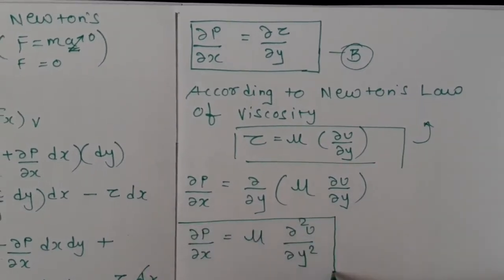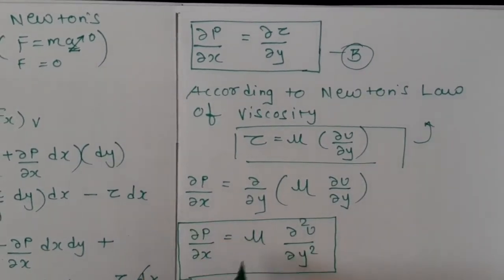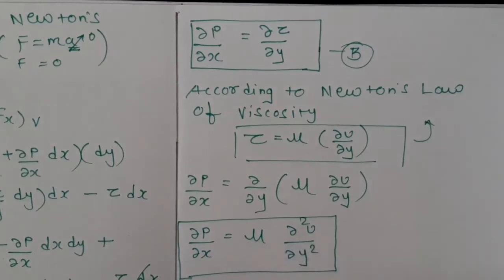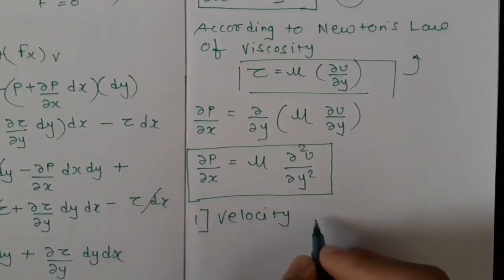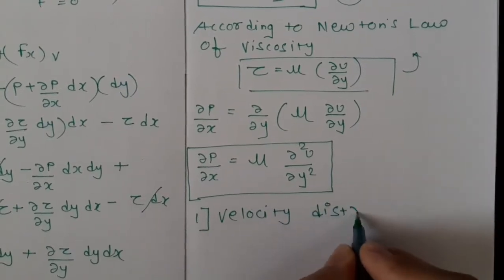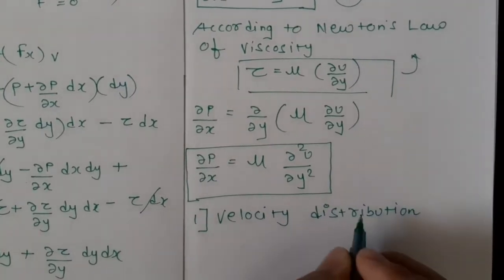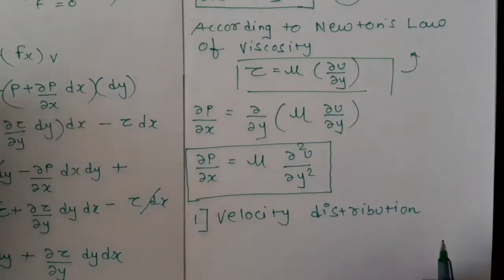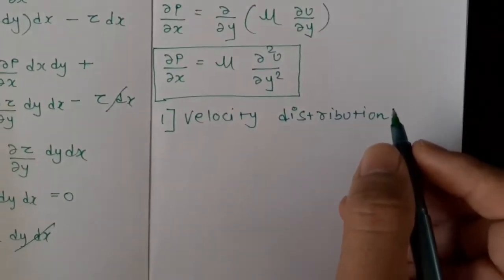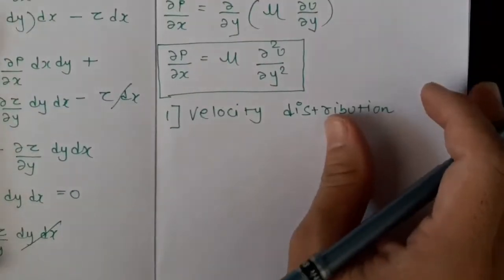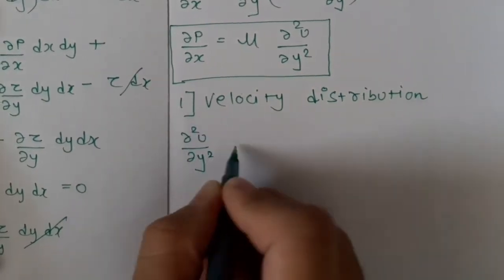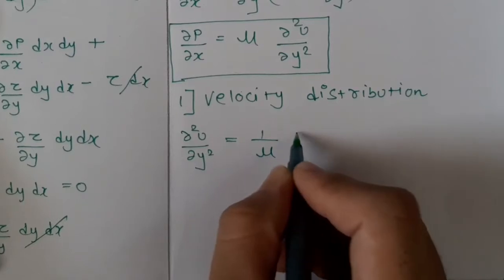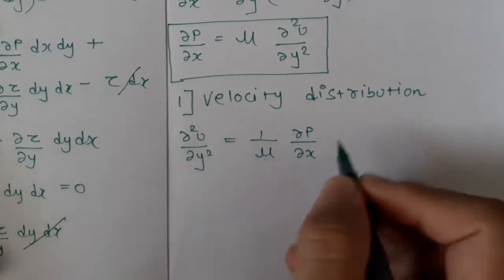From this equation we will get the velocity distribution. So first we are getting the velocity distribution. Taking this ∂²u/∂y² on one side, we get 1/μ ∂P/∂x.